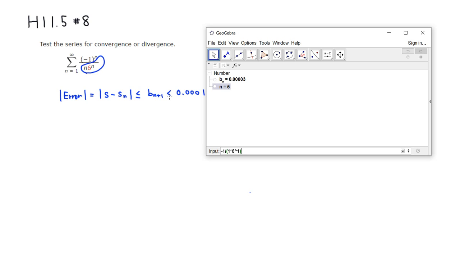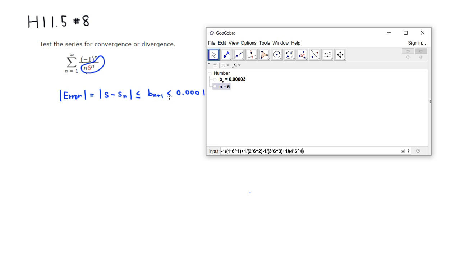The next term is plus 1 over 2 times 6 squared. Next is minus 1 over 3 times 6 to the third power, so that's the third term. We're going to add up to the fourth term, so plus 1 over 4 times 6 to the 4th power.